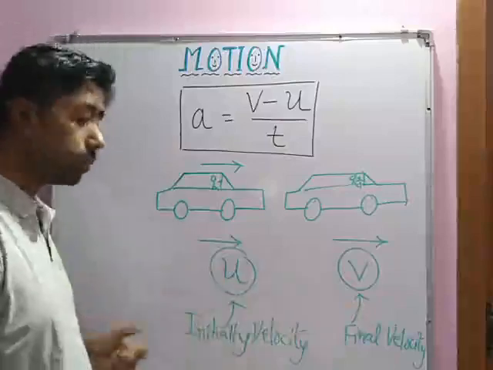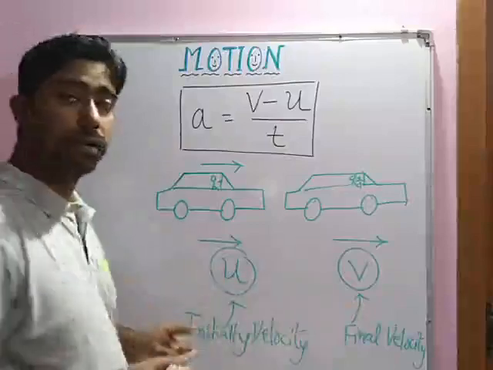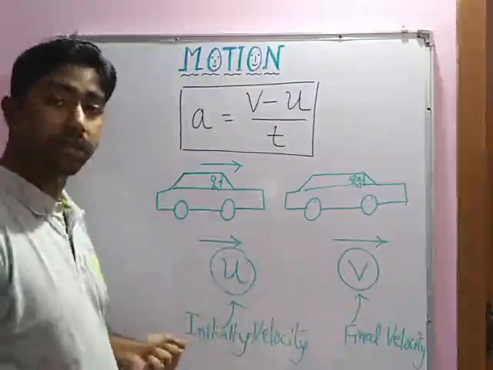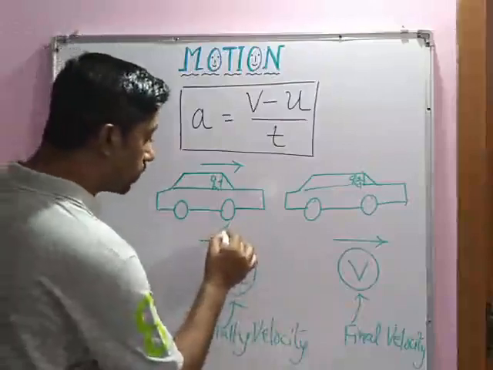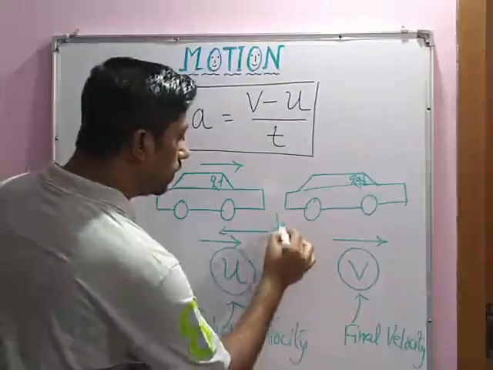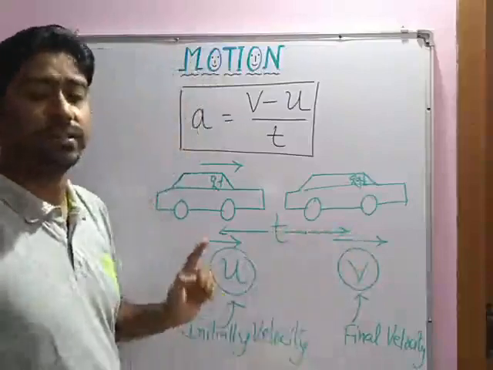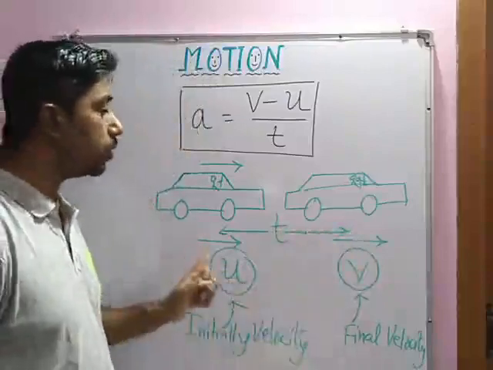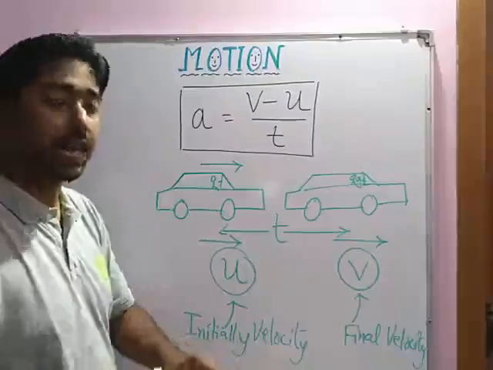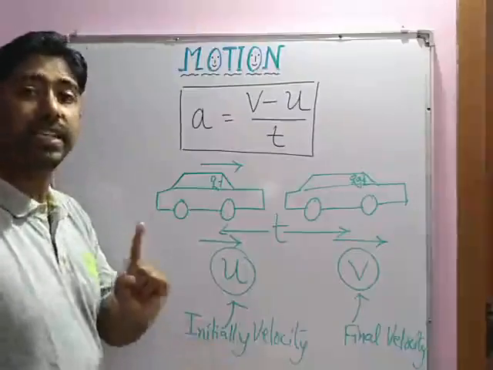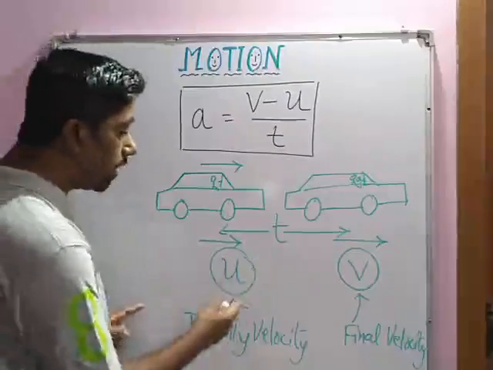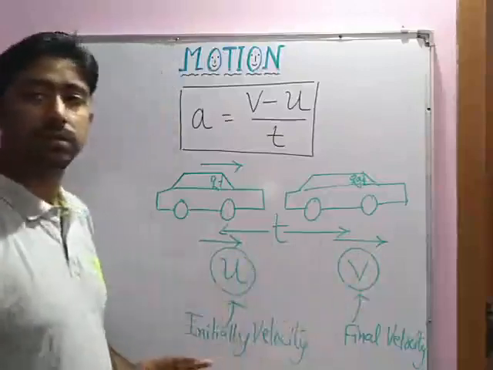And luckily, suppose you had a wristwatch and you were vigilant enough to measure the time. Suppose the car takes t seconds. I'm just assuming SI units. The car takes t seconds to change its velocity from u to v.